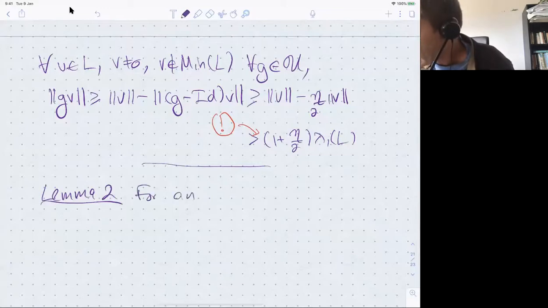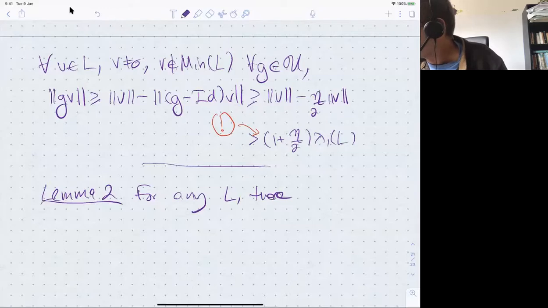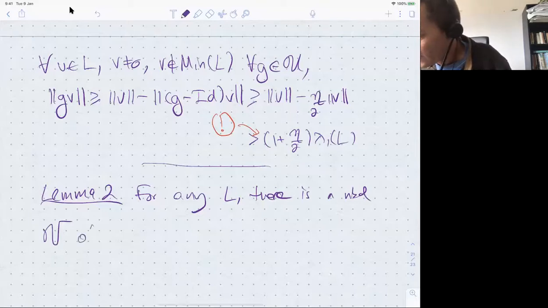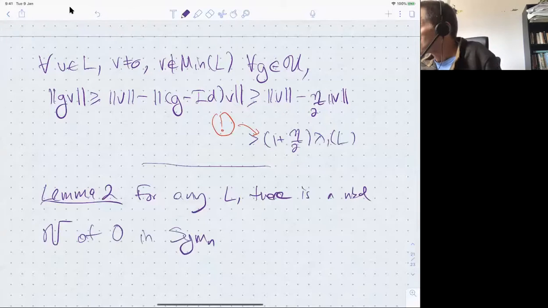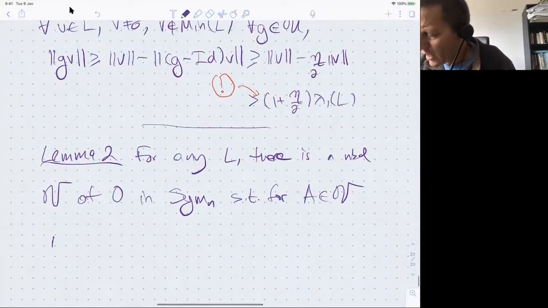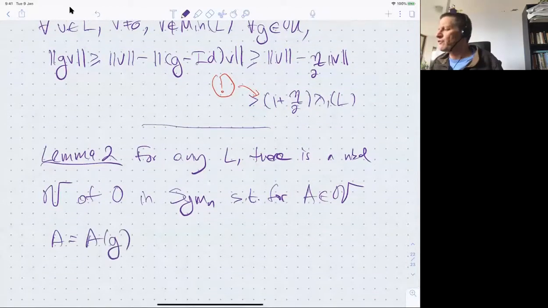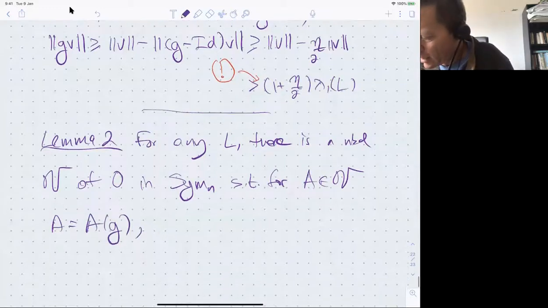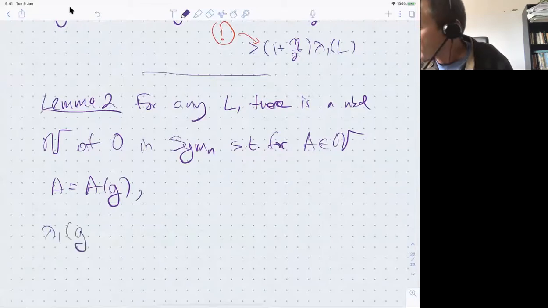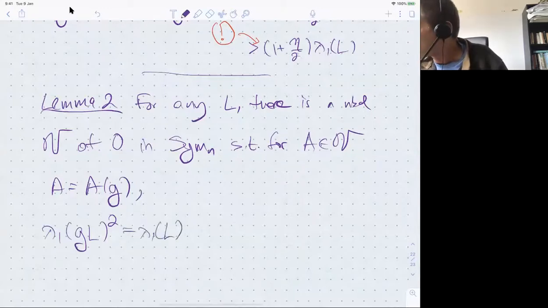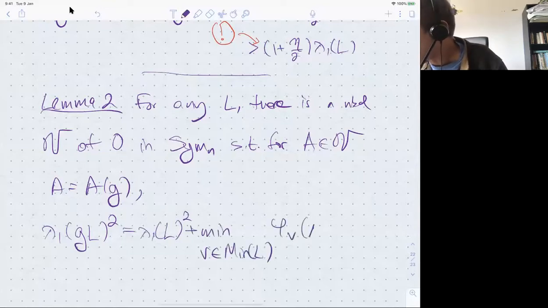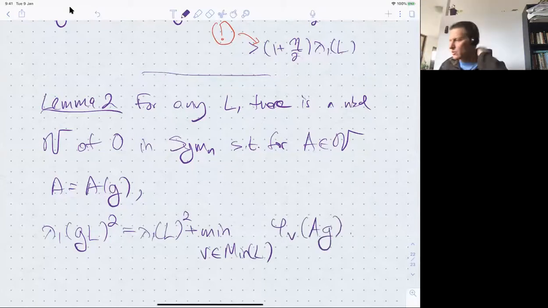For any L, we get a neighborhood, let's call that curly V of 0, in the space of symmetric matrices, such that whenever you take a symmetric matrix in V, which is of the form A of G for the mapping A that we had before, then the length of the shortest vector squared for GL is the length of the shortest vector squared for L plus the minimum over the minimizers of L of the quantity phi_v applied to A.